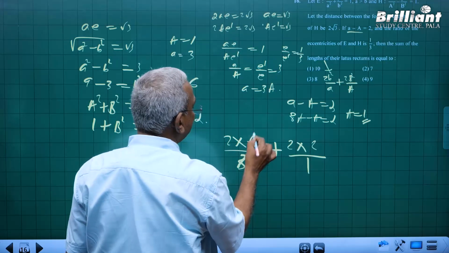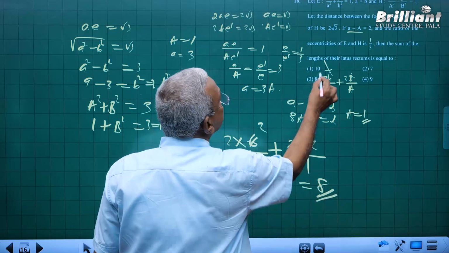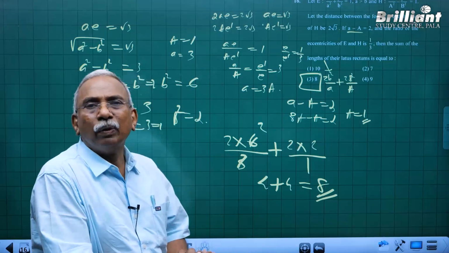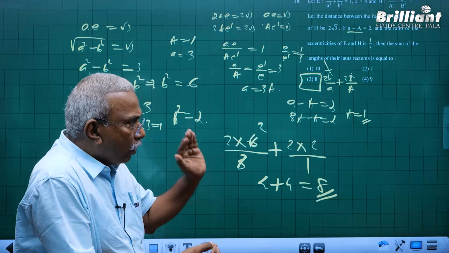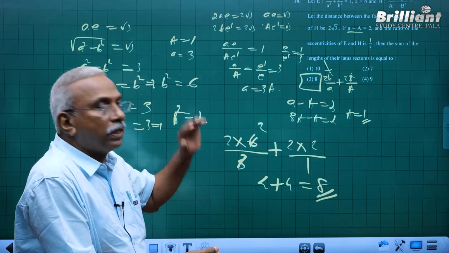So it will give you the answer as 4 plus 4 is 8. So the option is 8. So it's also a tricky question, but we proceed with the knowledge of all this, ellipse and hyperbola. We can easily find these two.